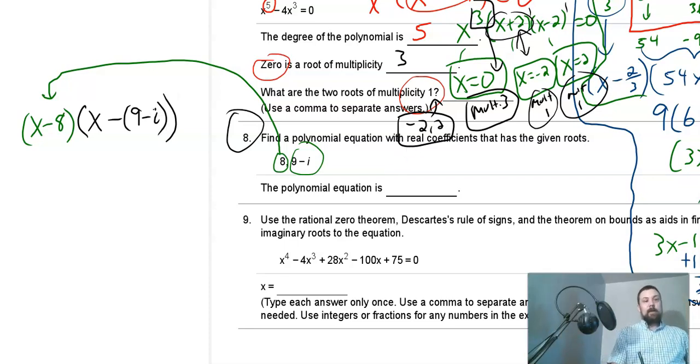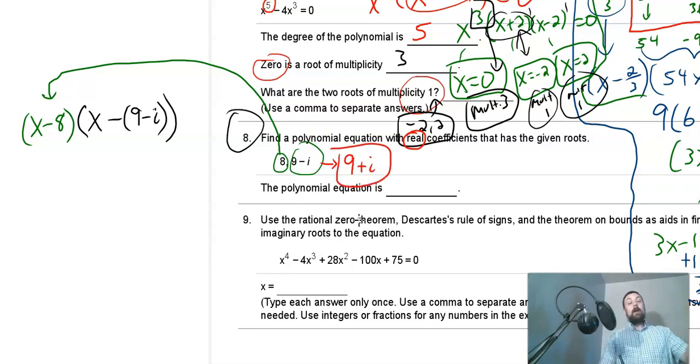You might say, well, why can't I just have that as my answer here? Because the directions here forbid it. The directions say the polynomial should only have real coefficients. You can't have imaginary coefficients in the answer. And so in order to avoid those imaginary coefficients, we have to know that if 9 minus i is a root to my equation, then 9 plus i would also have to be a root.